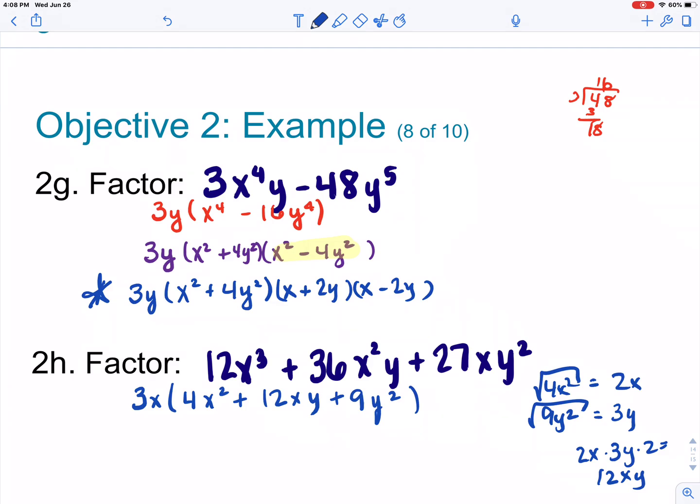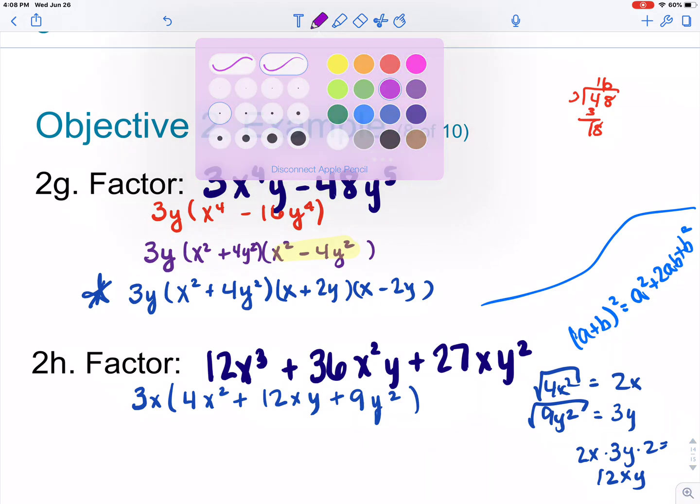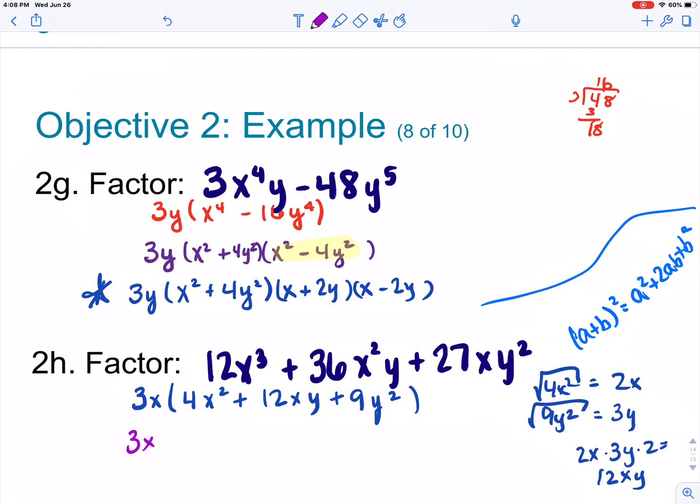So that tells me that I'm going to use the pattern a plus b squared equals a squared plus 2ab plus b squared. So bring down my 3x, and then I'm going to have the 2x and the 3y. So 2x plus 3y quantity squared is my answer.